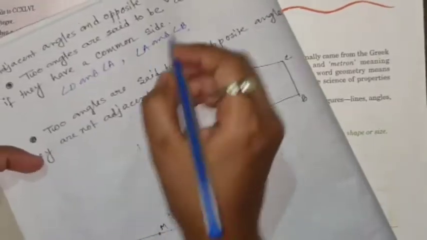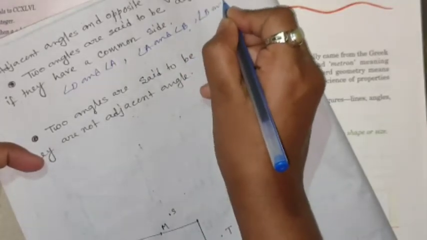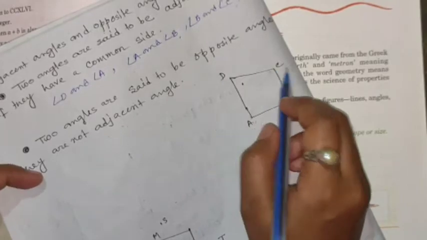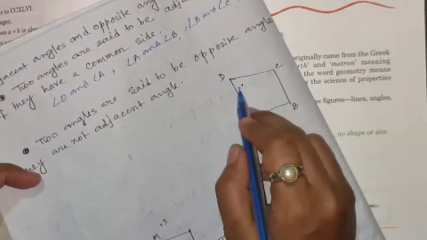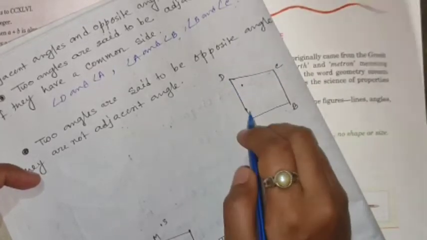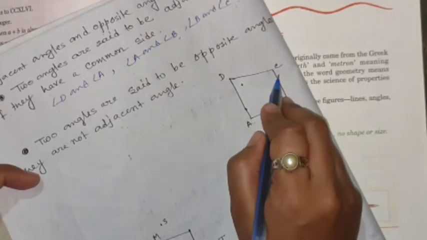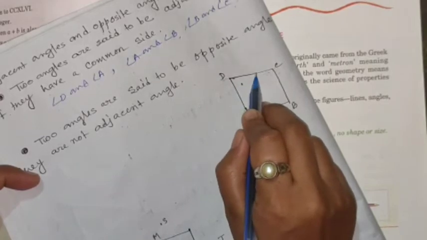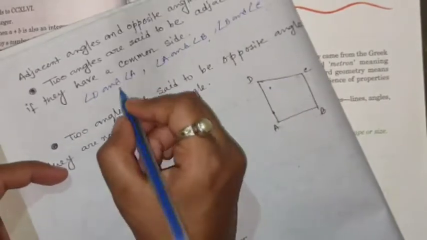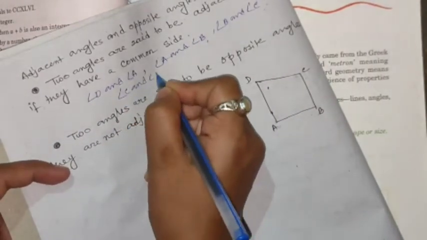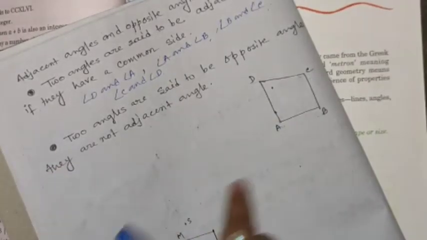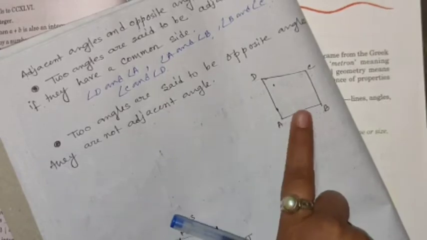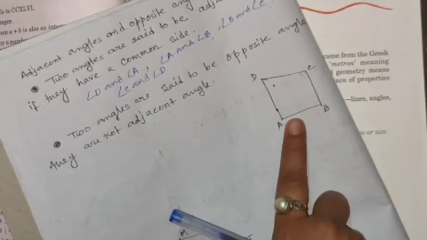So B and C are adjacent angles. Similarly, C and D. Angle C has two sides, BC and CD. Angle D has CD and AD. So angle C and angle D have one common side, that is CD. These are the adjacent angles of this quadrilateral. So there are four pairs of adjacent angles in a quadrilateral.